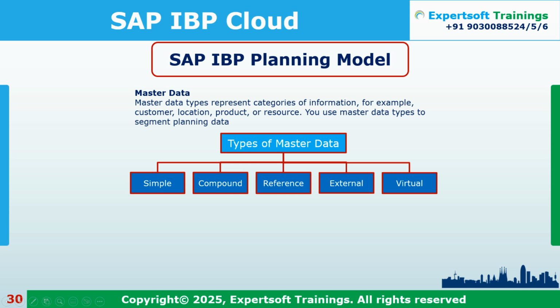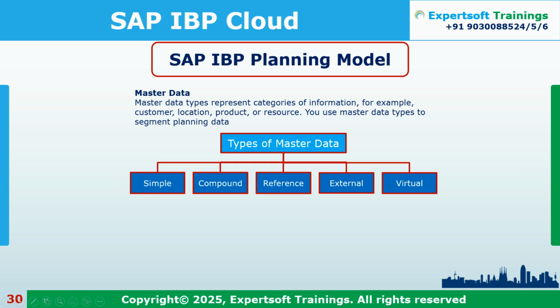So it is similar to compound: here also you combine two or more simple master data, but in virtual master data you combine them with the help of a join condition, and you can keep whatever attributes you want, whether key or non-key. There is no restriction.